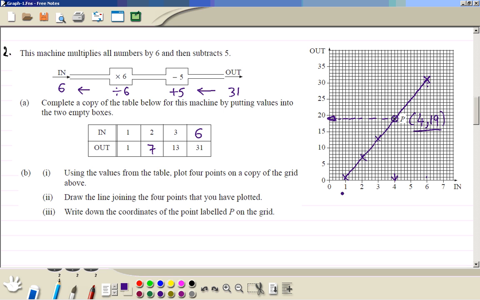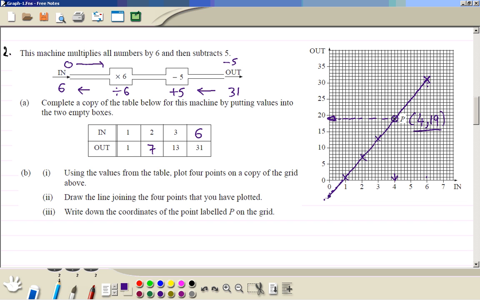Now we can't see the y-intercept on this graph because we have to go further to find it. But we can find it from the function machine, just starting with the input 0, times by 6, which is nothing, and take away 5, so the answer is going to be minus 5.